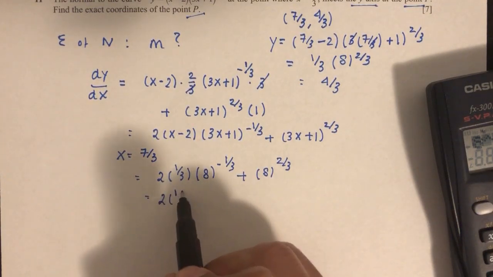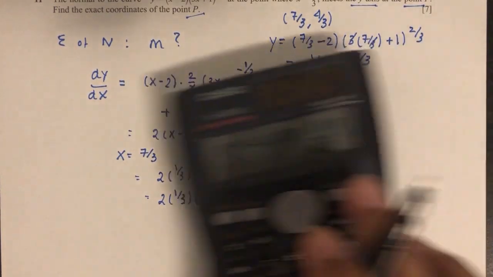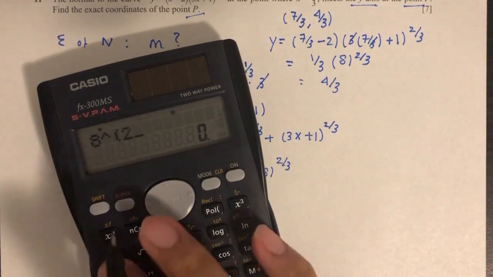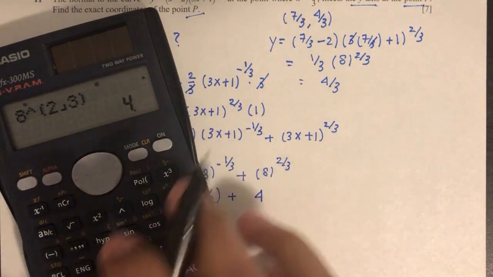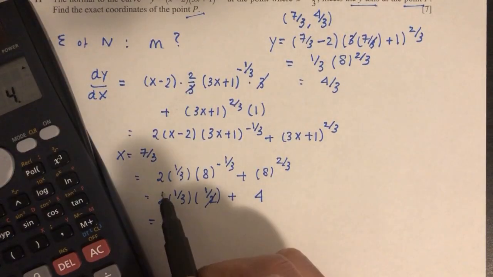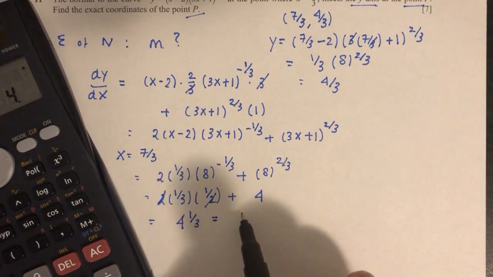And 8 to the power of 2/3 should be 4. So let's find the value. We have 4 1/3, which is equal to 13/3.